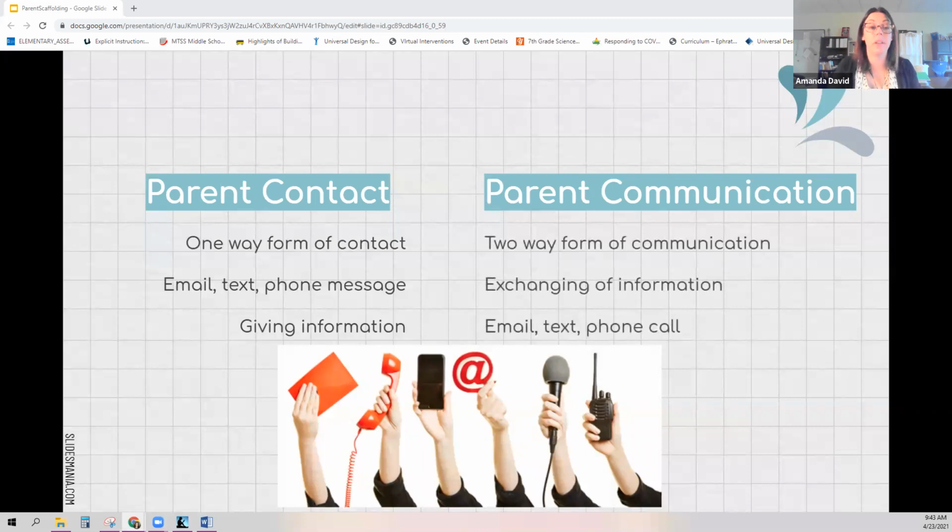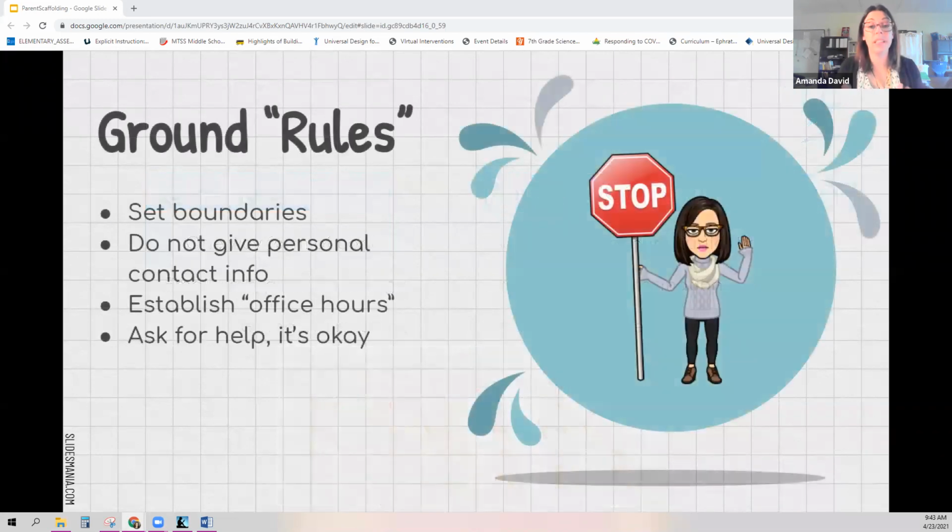When we're talking about parent communication, this is typically when it's a two-way form of communication. You are exchanging information and potentially coming up with solutions. And this also could be through email, text, or phone call. When I say text, I'm usually referring to those messaging apps, Remind or Class Dojo.